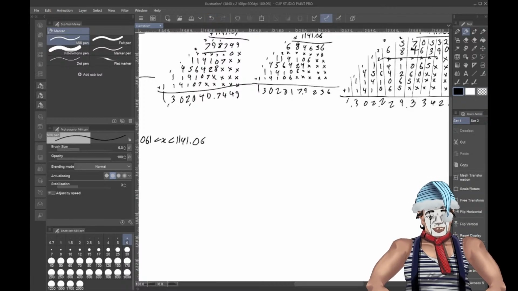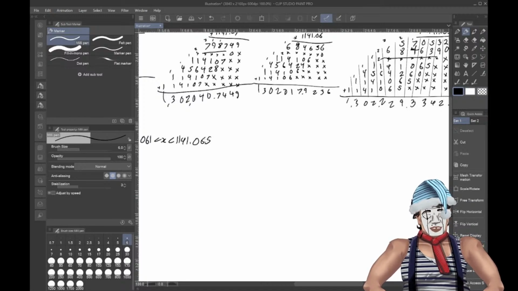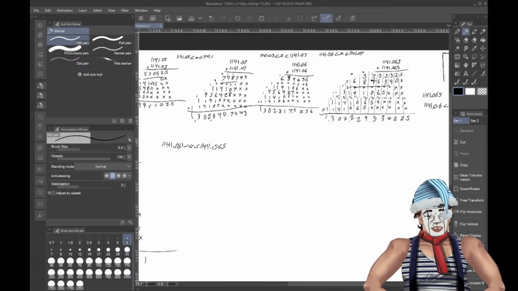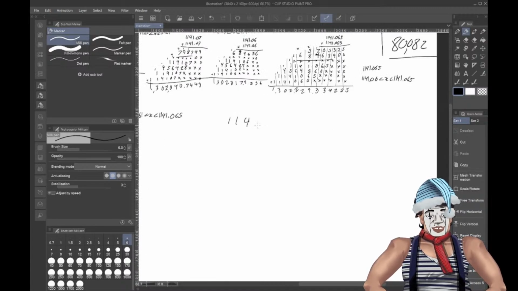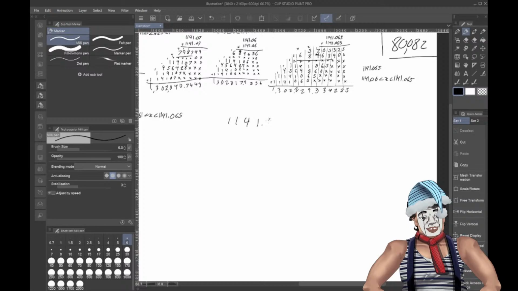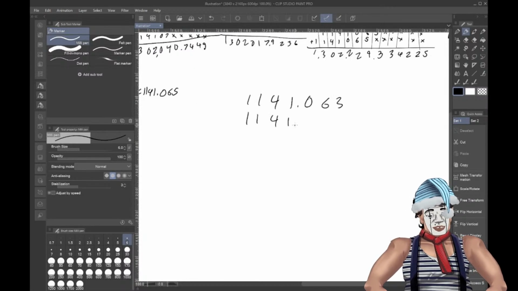Okay. So between 1 and 5, I'm going to pick the number 3. So that means we do 1.063. Okay. Yeah, that's fine. Then you square it. Okay. Then you multiply. That's 9. That's 18.